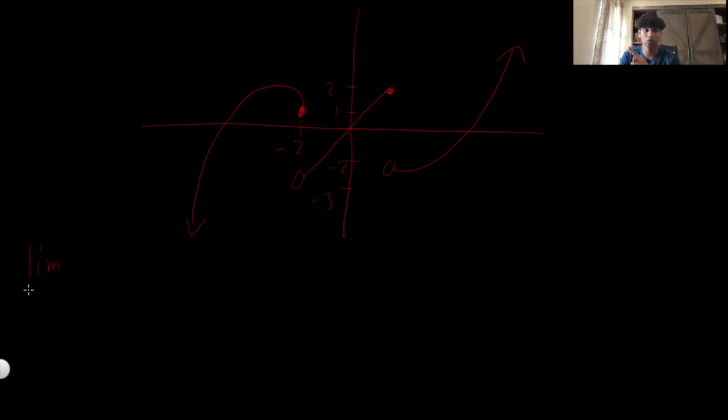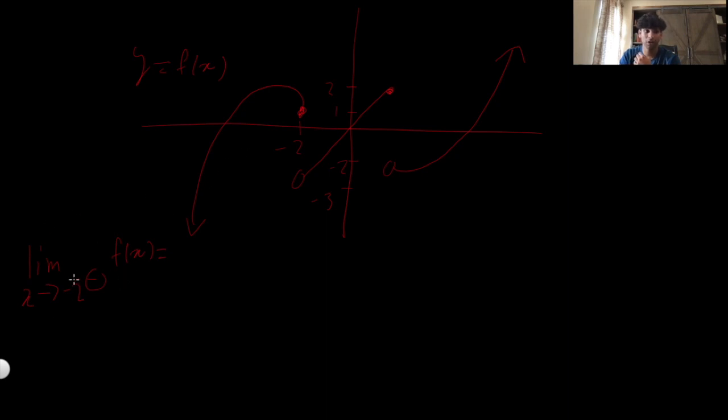There's two kinds of one-sided limits. The limit as x approaches -2 from the left of f of x, where this is y is equal to f of x. Now you may be wondering, what is this negative sign saying? Well, all that's saying is from the left.